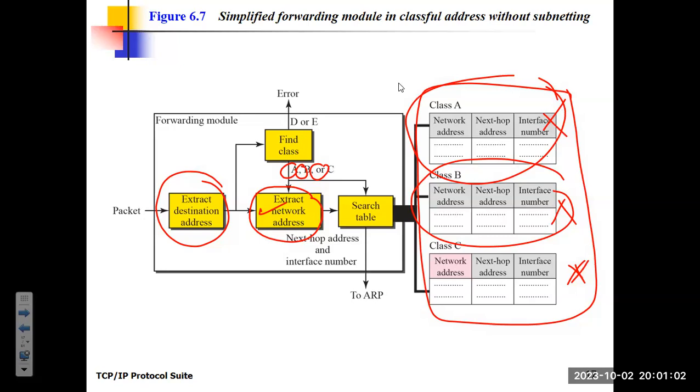Now, how will you know if it's class A, B, or C? Remember, if the first bit is 0, it's class A. How will you know it's class B?